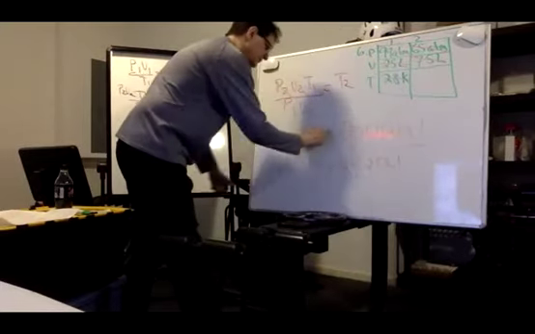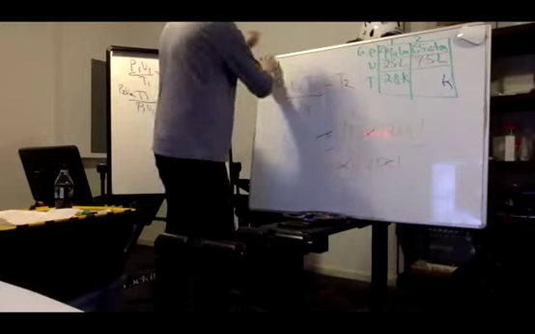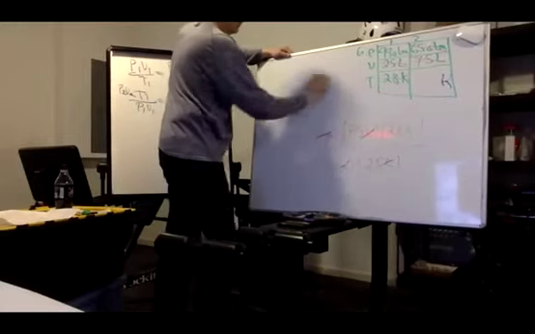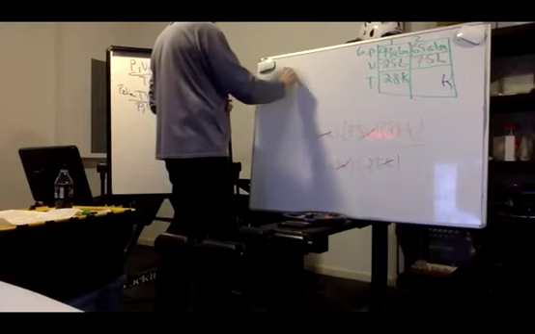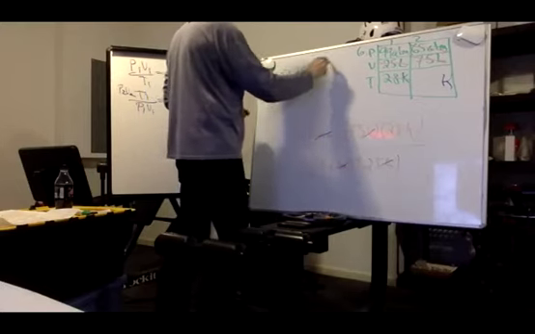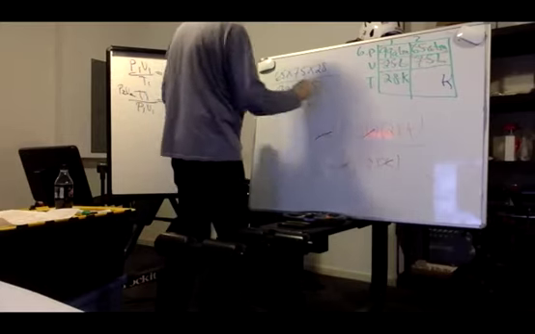We've got atmospheres gone, we've got liters gone, we are indeed in K. So our knockout for this one is going to be 65 times 75 times 28 divided by 99 times 25.